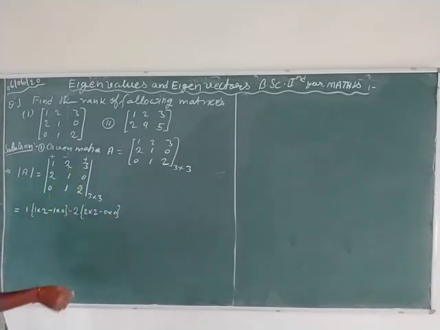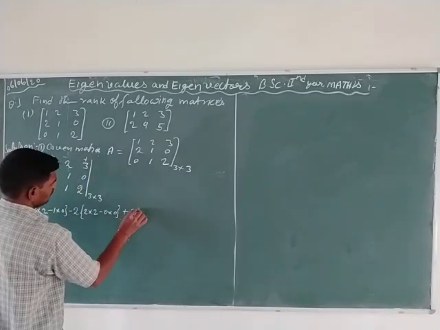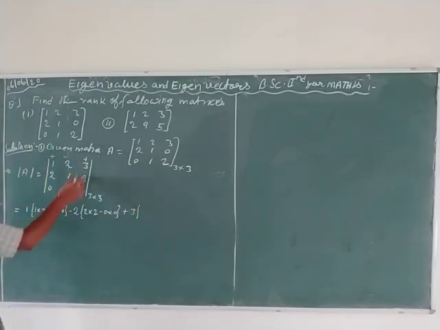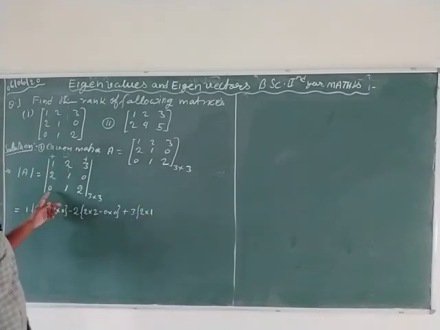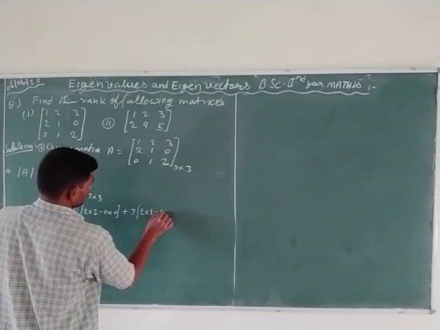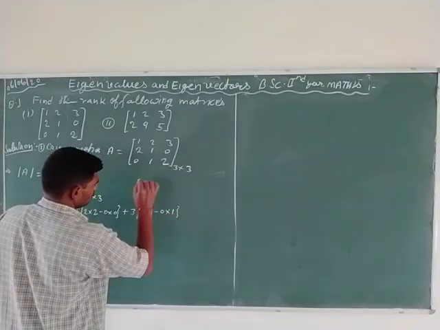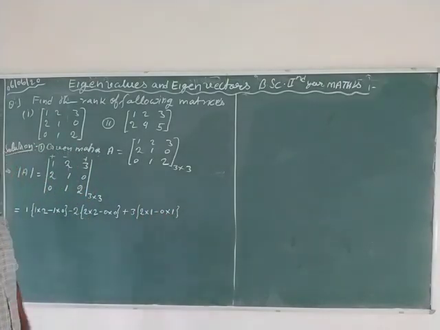At last plus 3. So plus 3, eliminate the first row and third column, so the determinant of 2 1 and 0 1 means 2 into 1 minus 0 into 1. This is the expansion of the determinant. Simplify this equation and brackets.